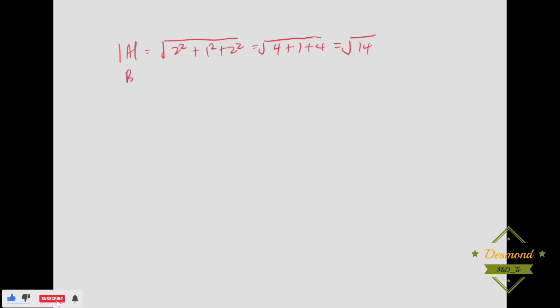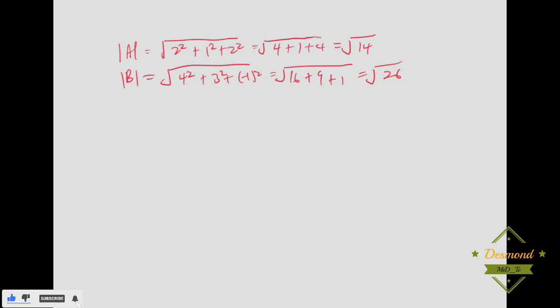And the magnitude of B is the root of 4 squared plus 3 squared plus negative 1 squared, and we should have 16 plus 9 plus 1, and finally we should get root 26.